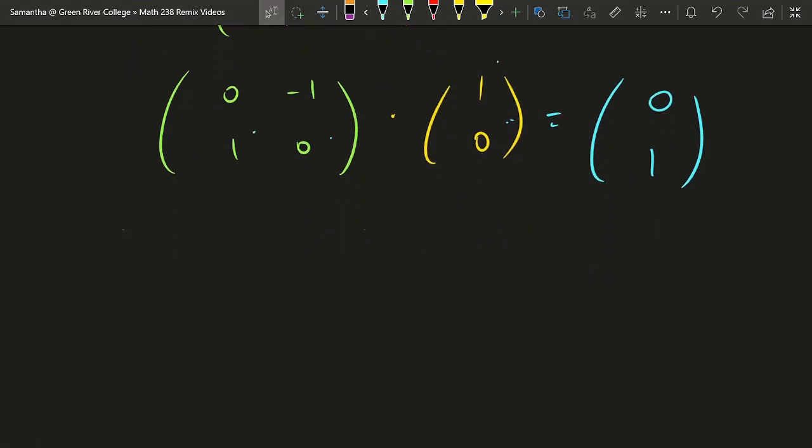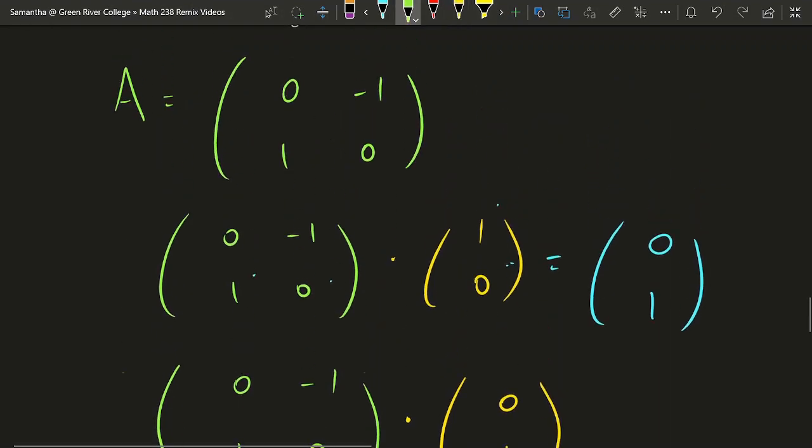Now, to get a further grasp on what this particular matrix is doing, let's see what happens when we apply this matrix to a different vector. So 1, 0, who started out pointing to the right, ended up as a vector that was pointing up.